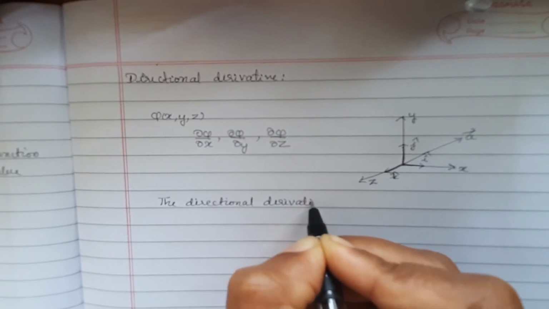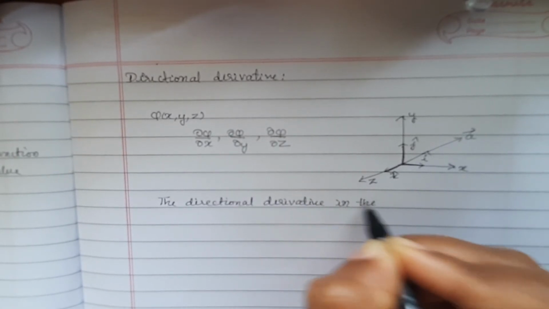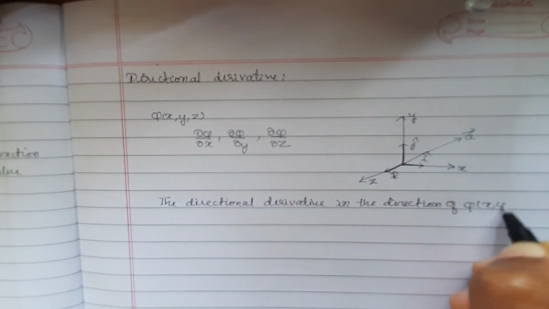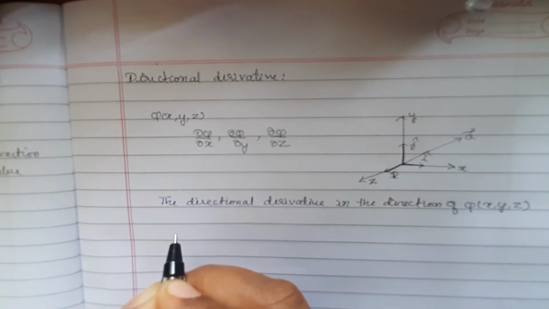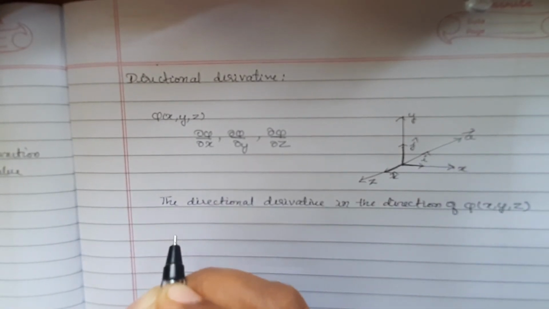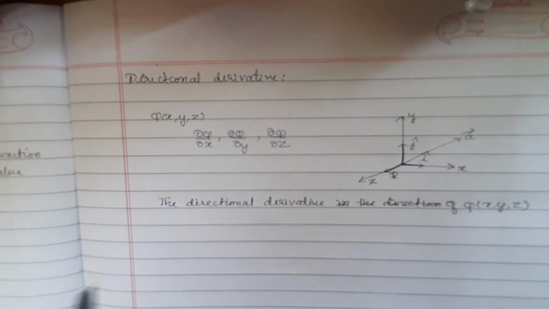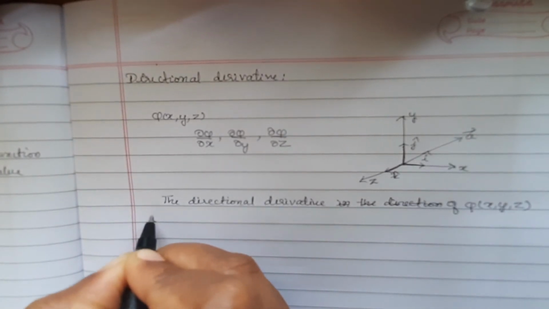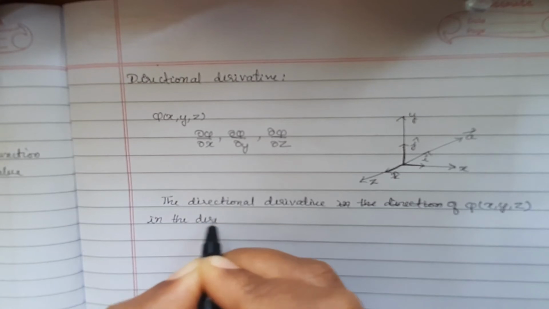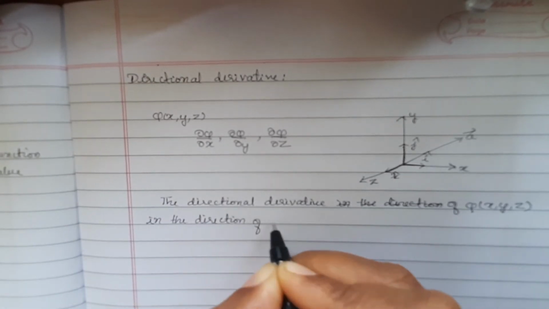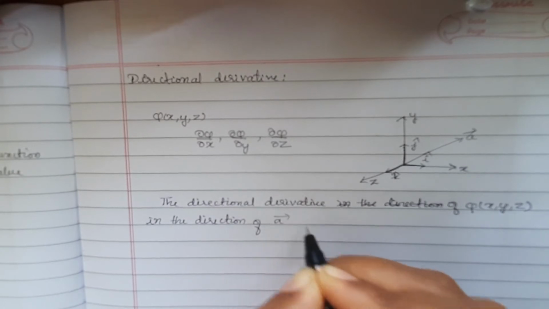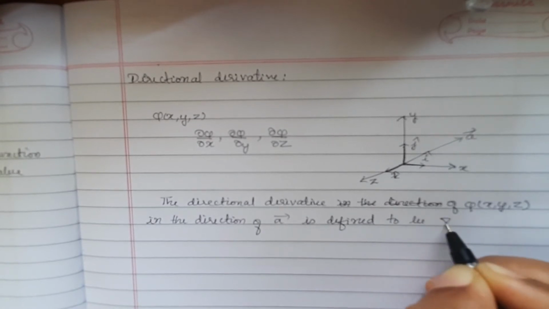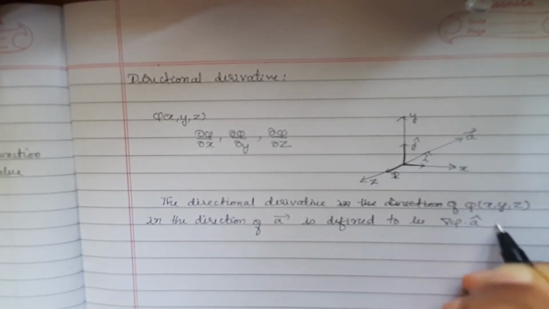The directional derivative of the scalar point function phi of x, y, z in the direction of the vector A is defined to be del phi dot A cap.